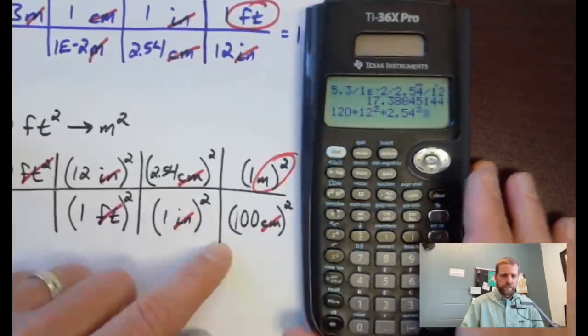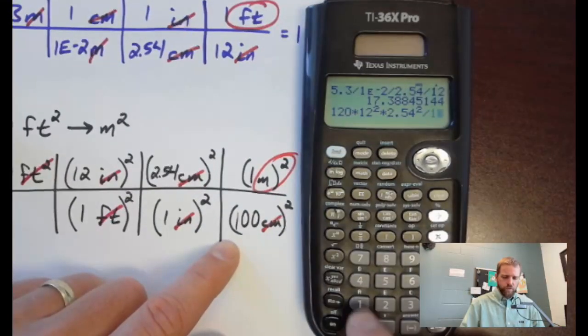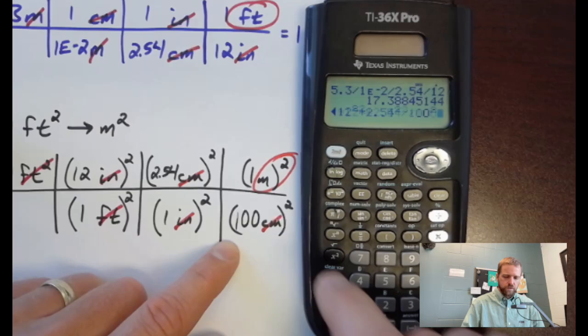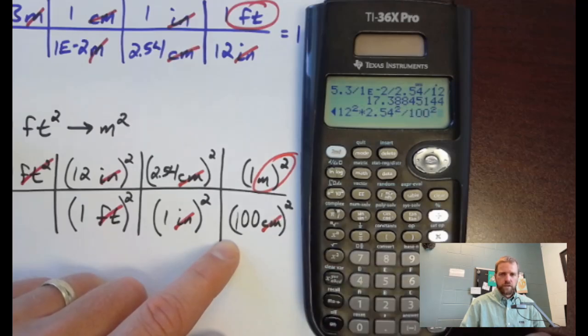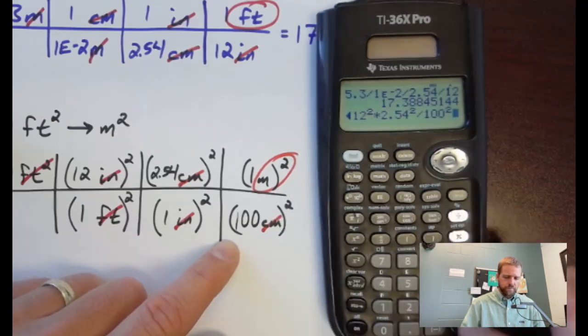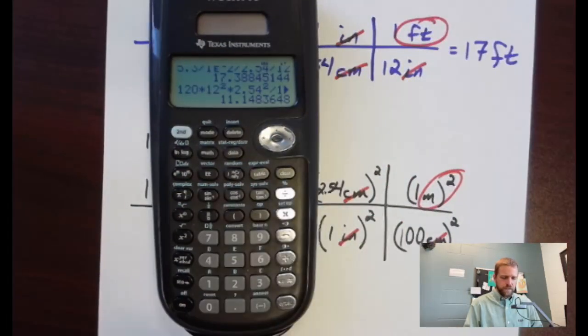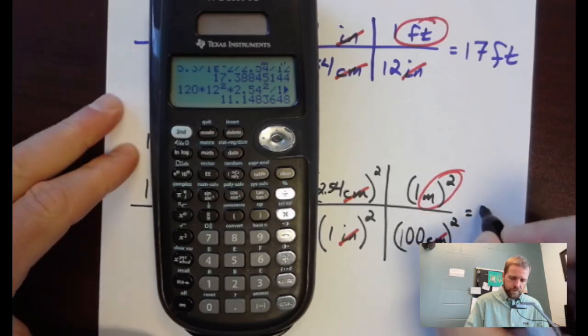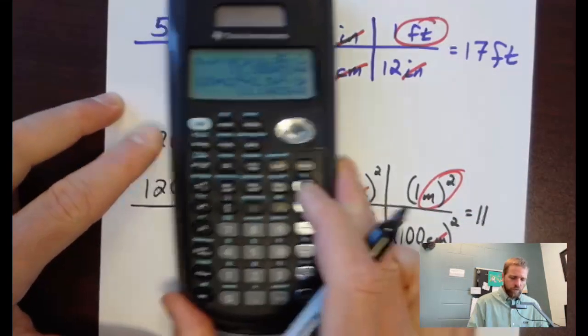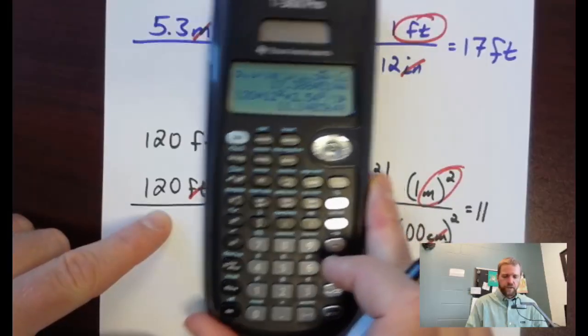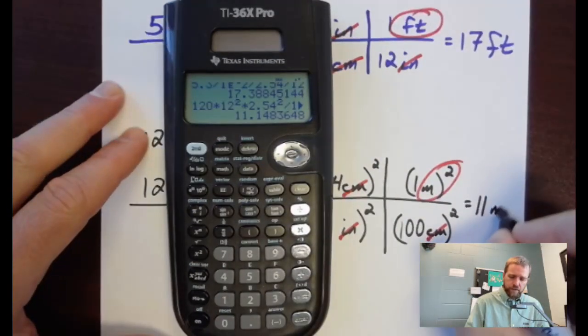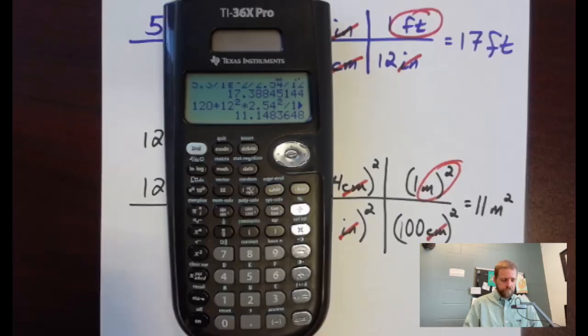And then I'm going to divide that by 100 squared. And then I'm going to hit enter. And that gives me 11.14, but I only have 2 sig figs, so I'll just leave it as 11 meters squared.